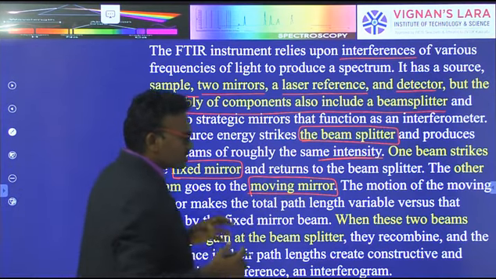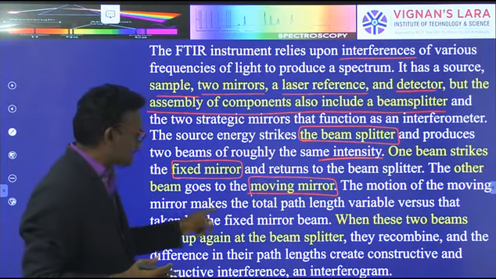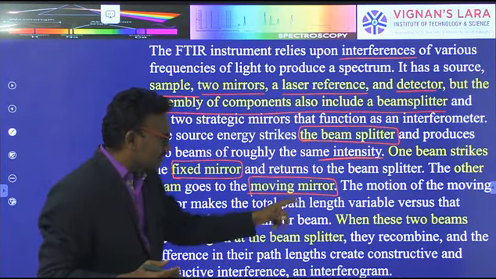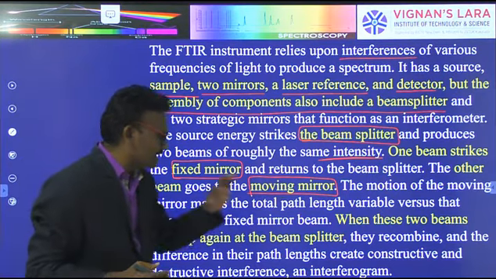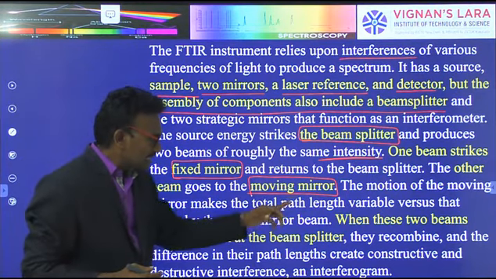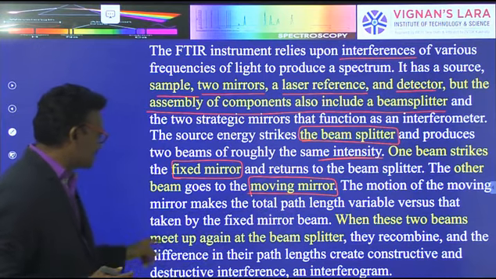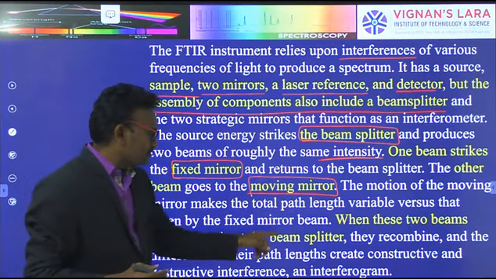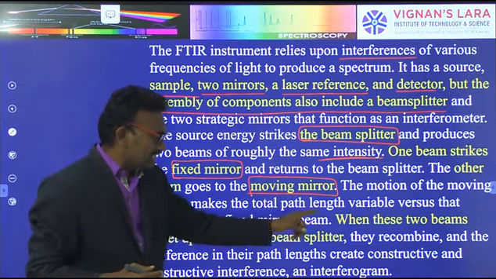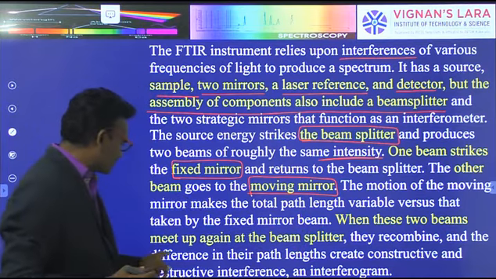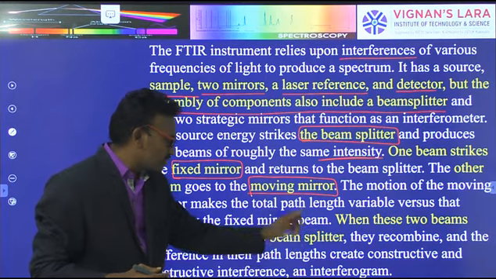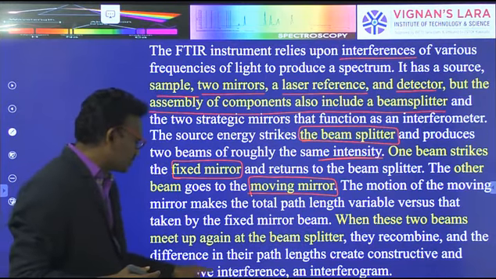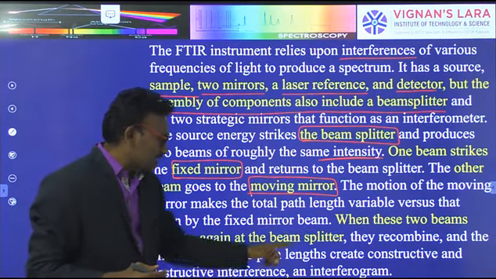The motion of the moving mirror makes the total path length variable compared with the path taken by the fixed mirror beam. When these two beams meet at the beam splitter, they recombine, and the difference in the path length creates constructive and destructive interference in interferograms.